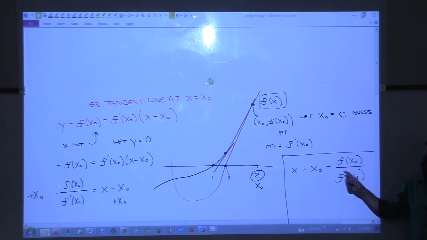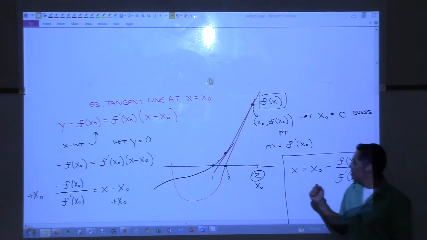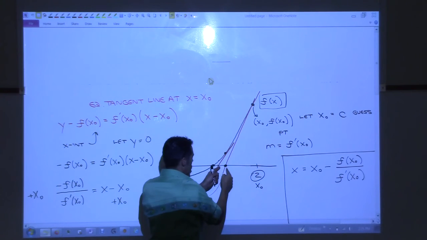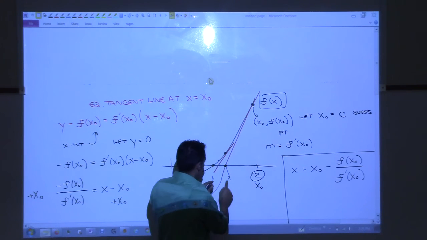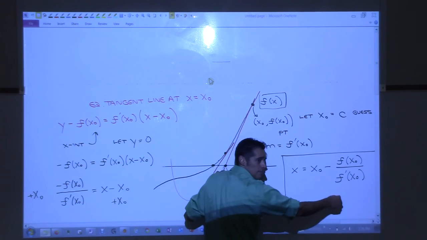So if you start with a guess, x naught, and give me that x naught, it's going to go in here, it's going to create a tangent line, and then we are going to find the x value of that. This x value just requires x naught.